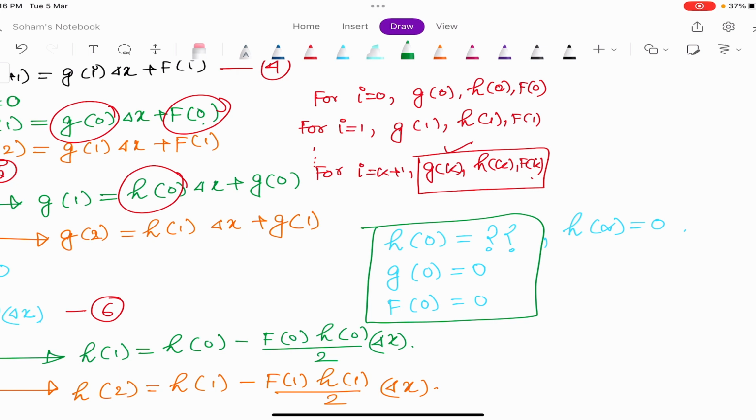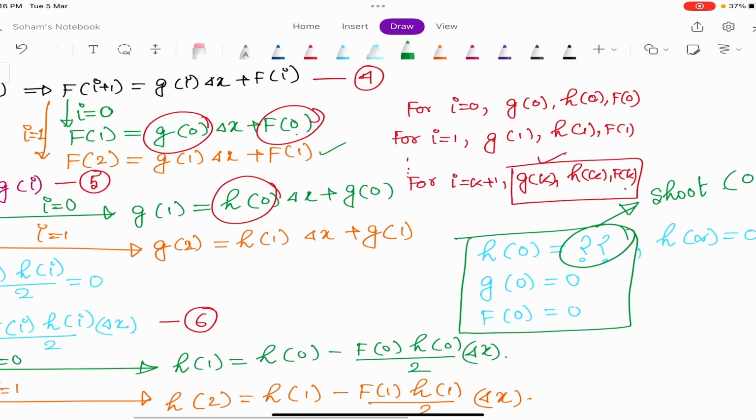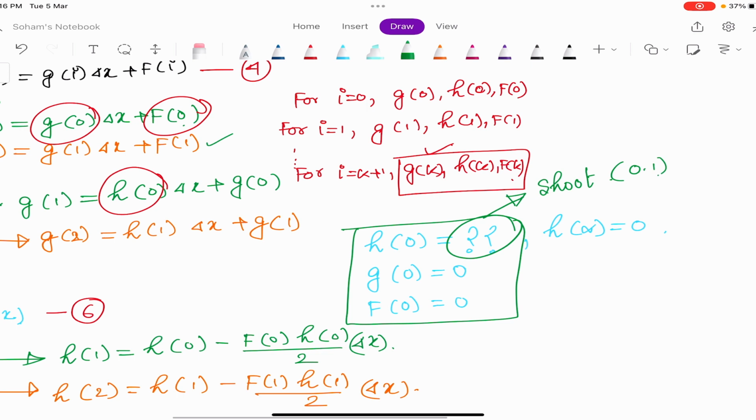So there comes the significance of the name of this method, that is shooting method. So now you shoot for a value of h of 0. Let us say that you have assumed a value of 0.1, then you can plug this value in this engine and generate the solution at each of the grid points. So then you can find g, h and f at all grid points.